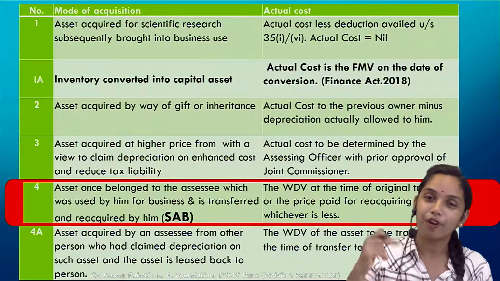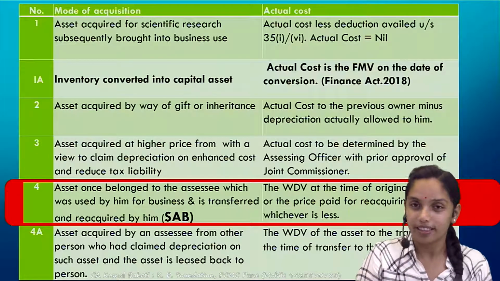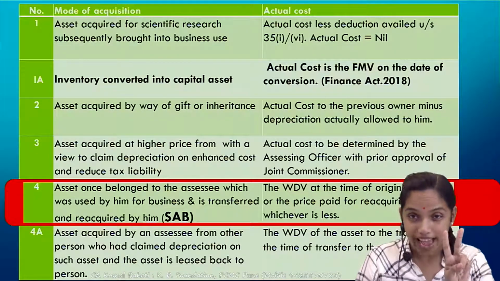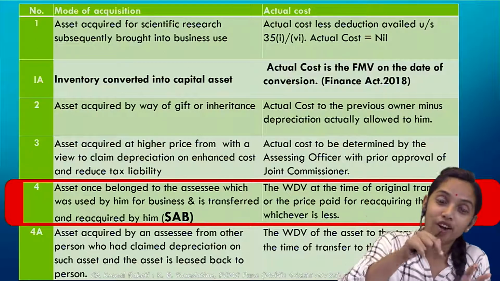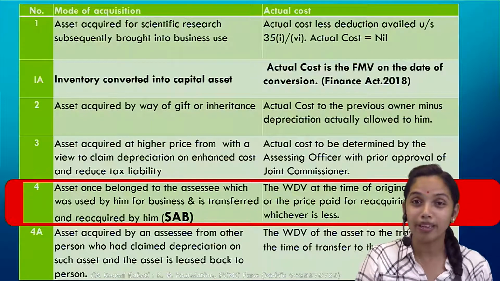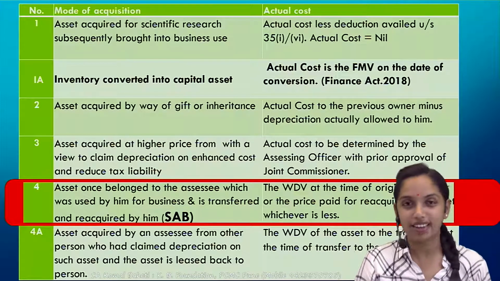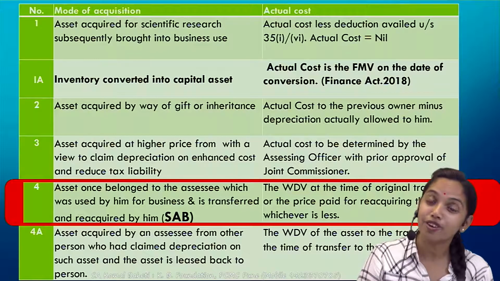Now from that B, he again acquired at 14 lakh. Look, WDV was 2 lakh, sold at 12 lakh and reacquired at 14 lakh. Now he can claim the depreciation on 14 lakh. So he got benefited, no? One, his loss which was lapsing also got used, and now he could get the depreciation on 14 lakh.